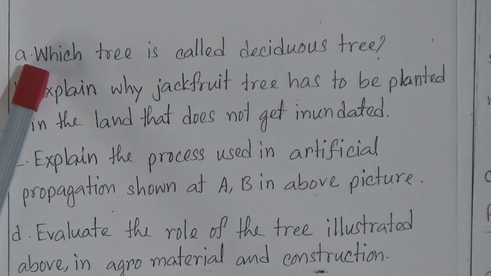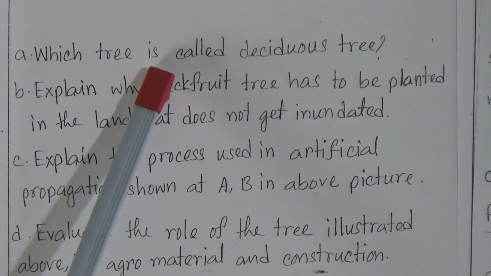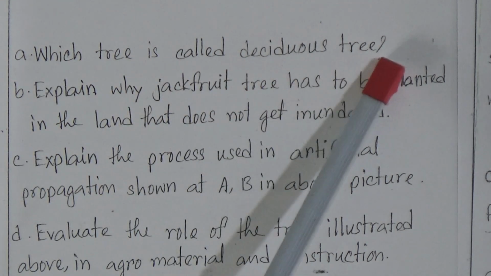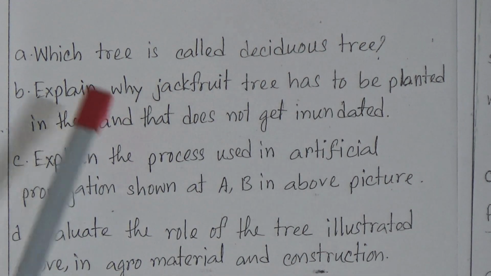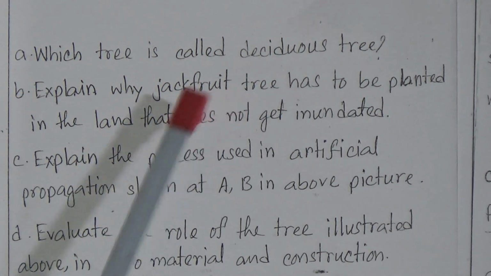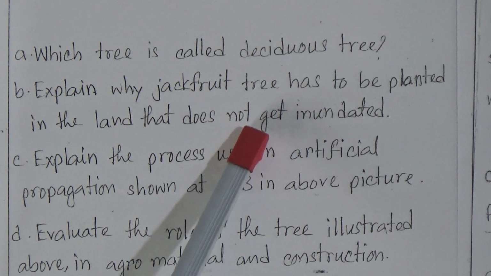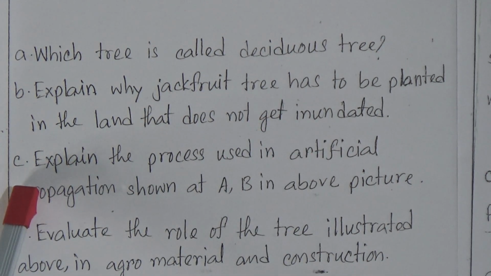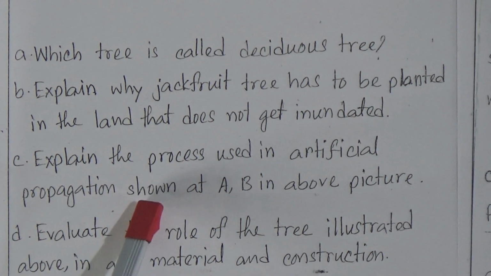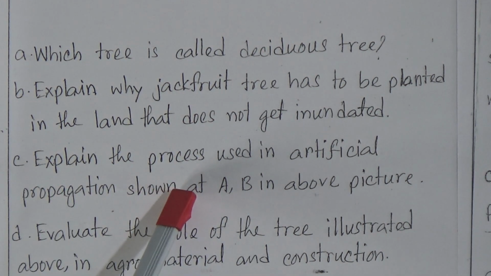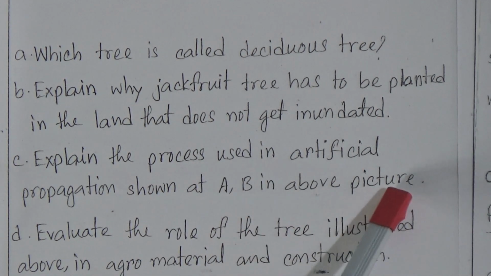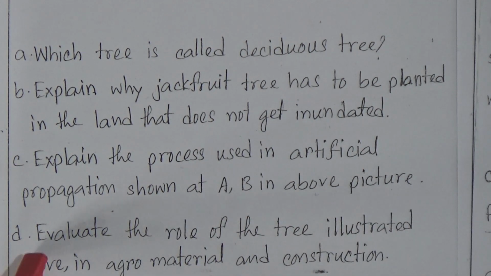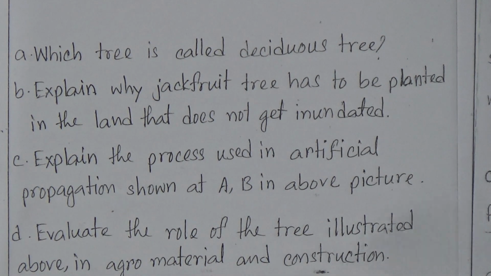In question number A, we will try to write the answer within one sentence, and for question B, for 2 marks, we will write 2 to 3 sentences, and for question number C, we will try to give our answer within 12 sentences, and for question number D, for 4 marks, we will try to write our answer within 15 sentences.